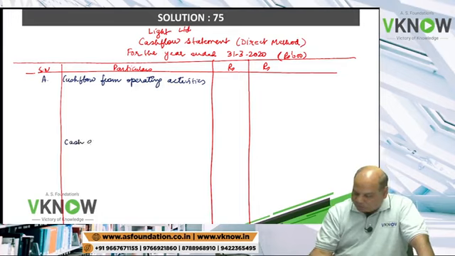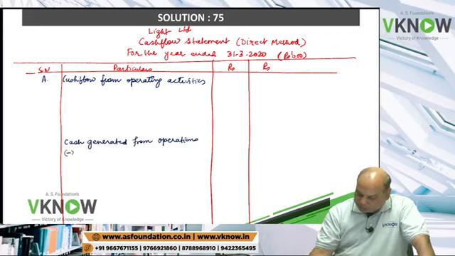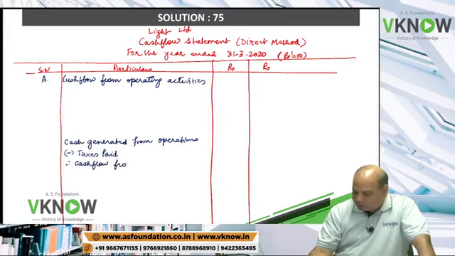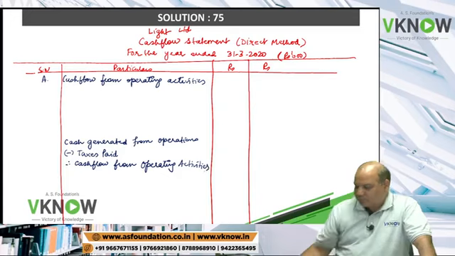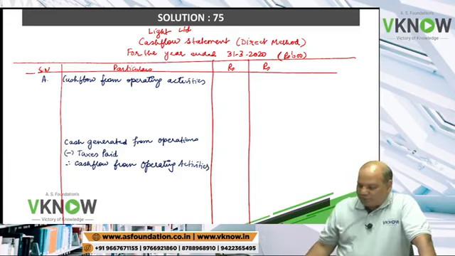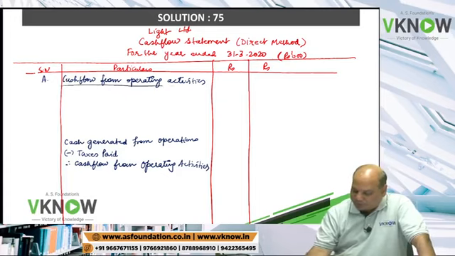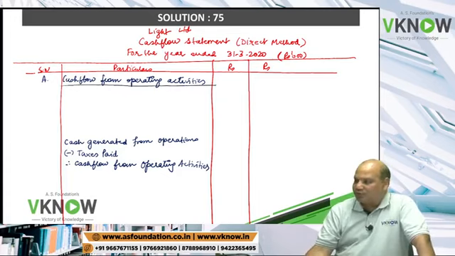Then write down cash generated from operations, less taxes paid. Therefore, cash flow from operating activities. So simple. Don't you think it is very simple?